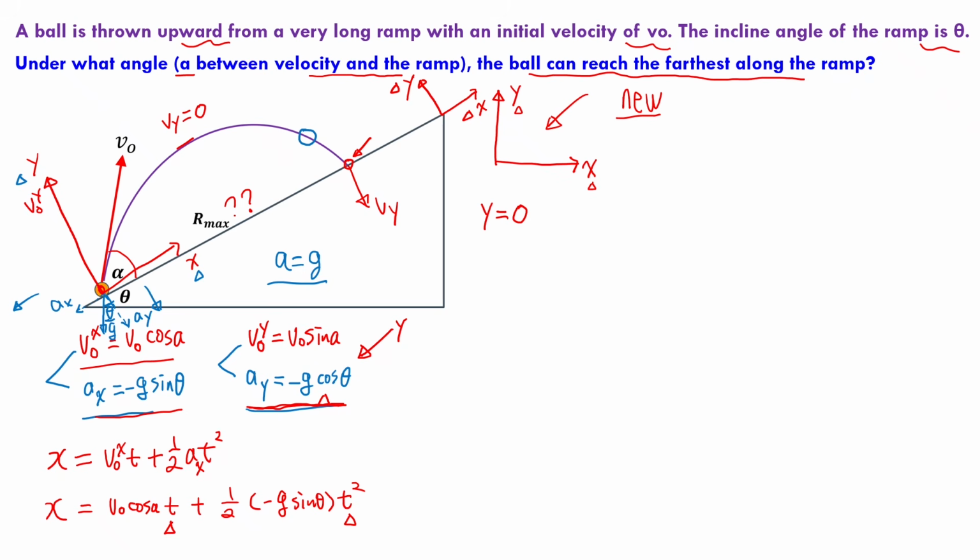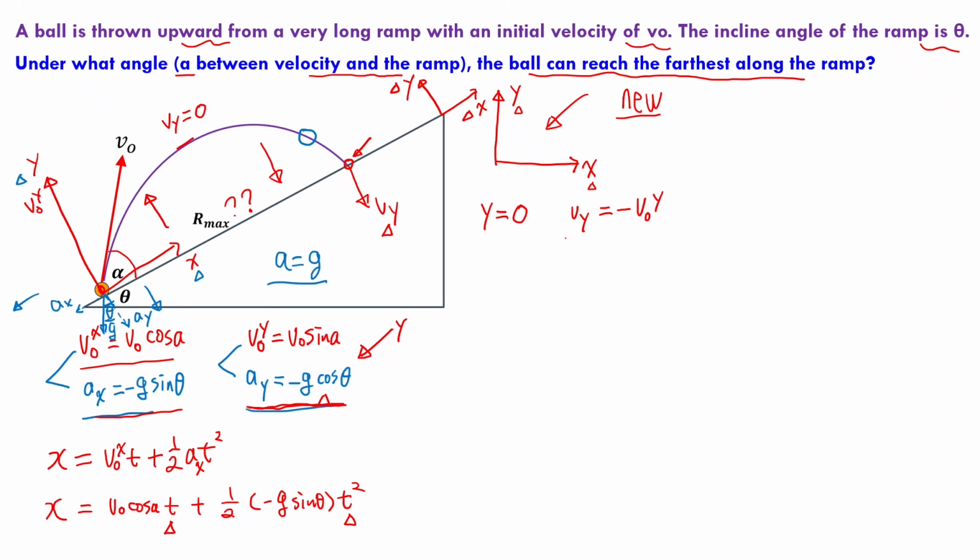Then that means this Vy final should equal Vy initial, but with a minus sign. You can consider my ball leaving away from the ramp, then coming back to the ramp, and this motion is symmetrical.